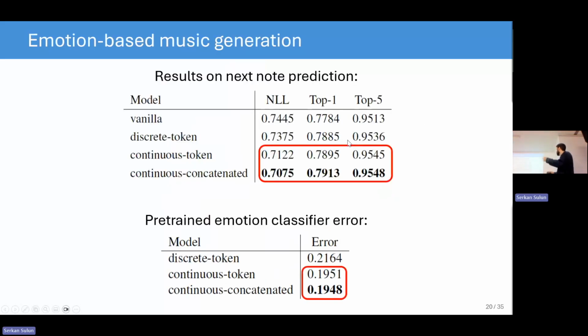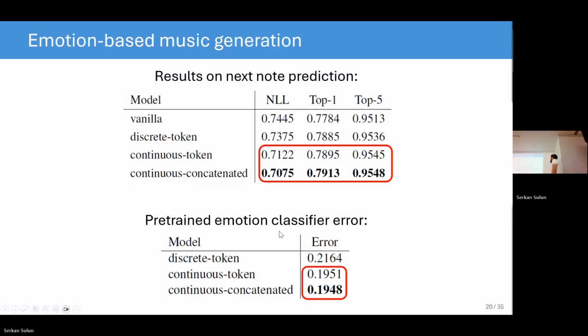All right, the quantitative results show that this approach helps over the classical methods. When you look at the next note prediction results, you see that it helps the negative log likelihood and accuracy, etc., even if it's a small amount, so you see that these labels are meaningful. If they were random, then your accuracy would not improve.